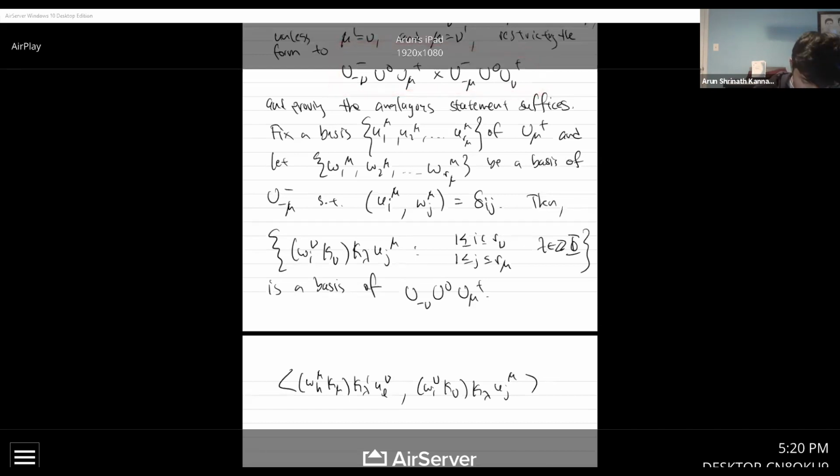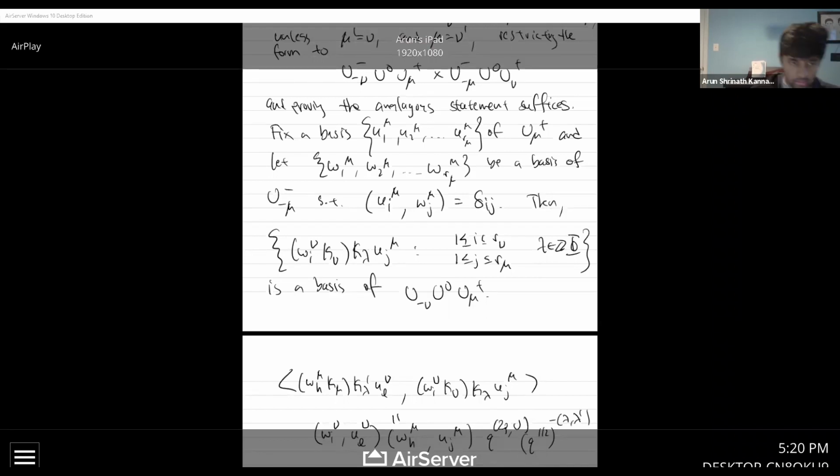By definition, this is just w_i^ν u_l^ν times w_h^μ u_j^μ times some other factor, q to the 2ρ^ν, and then q to the half.